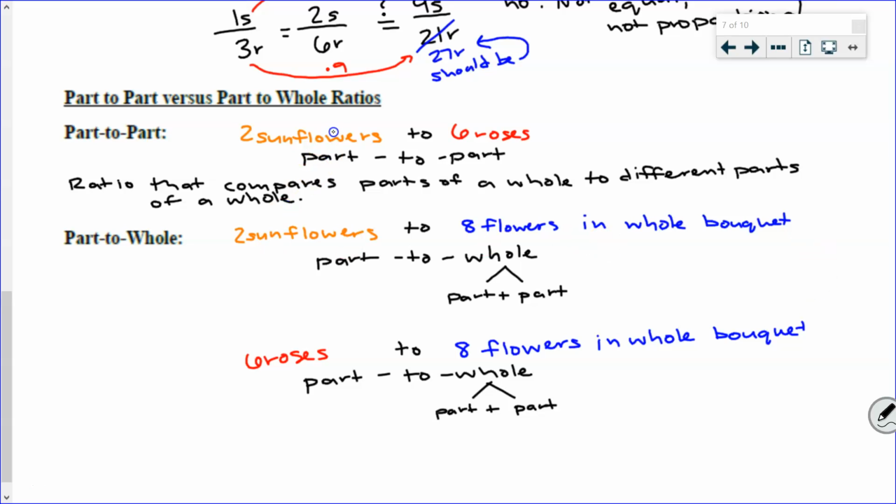Again, sunflowers were part, the roses were the other part, so we're comparing parts with parts.